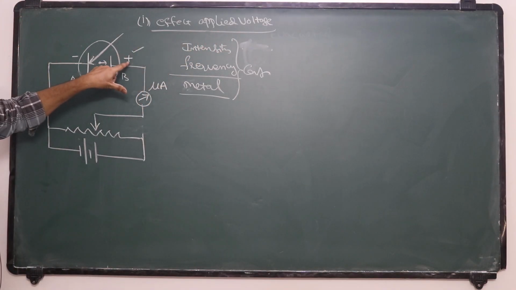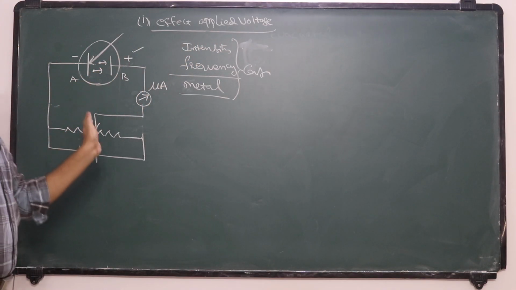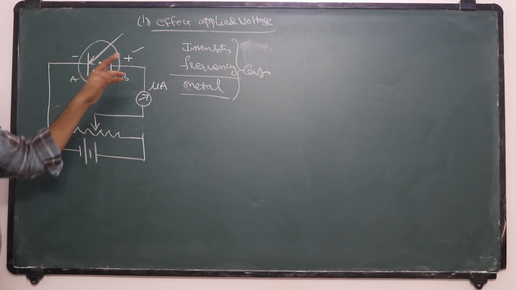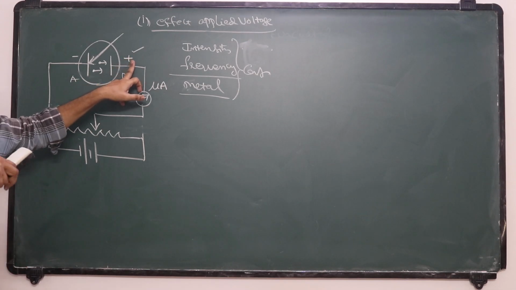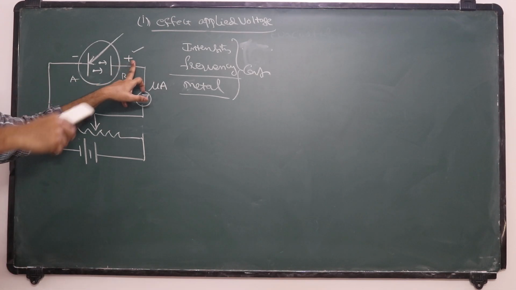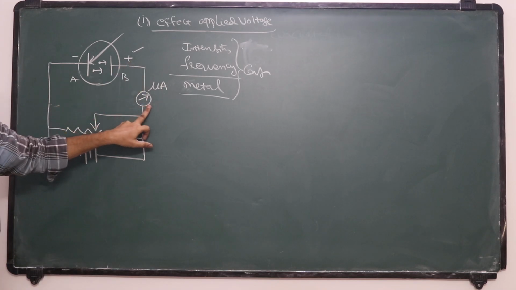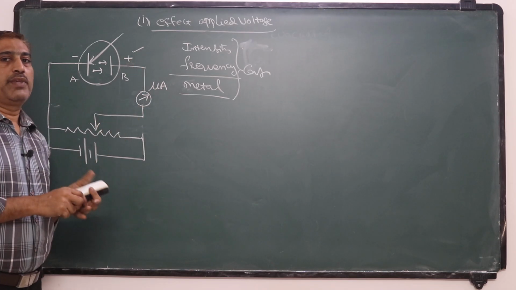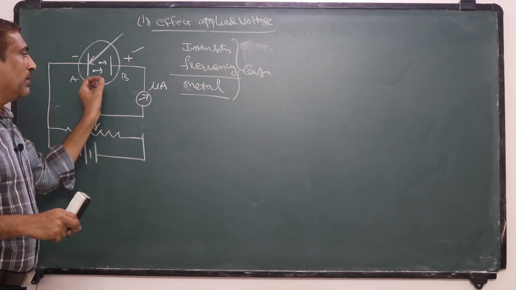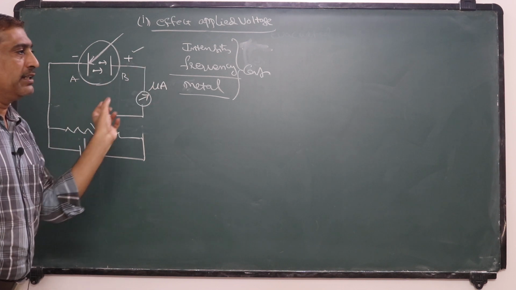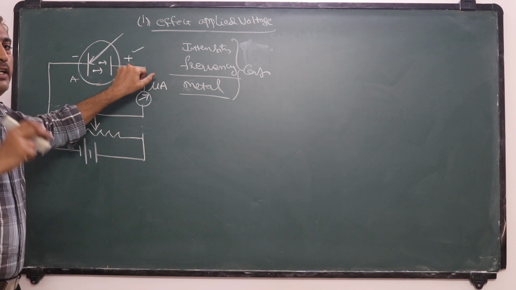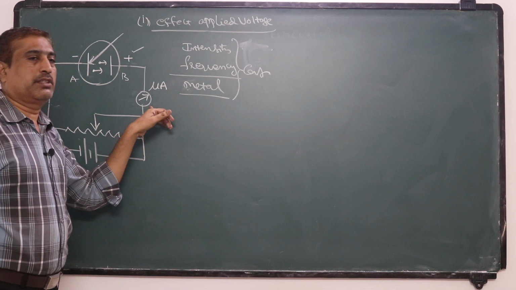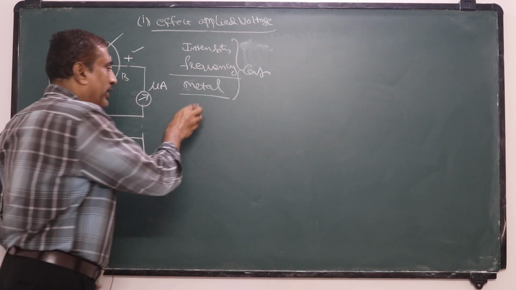The photocurrent slowly increases with the increase in applied voltage. After a particular value of applied voltage, the current becomes constant, and that is called saturation.